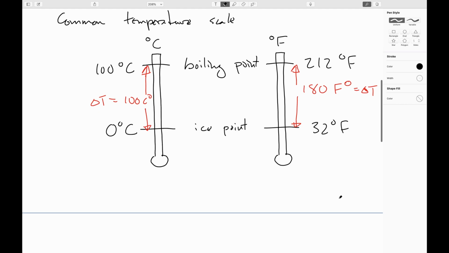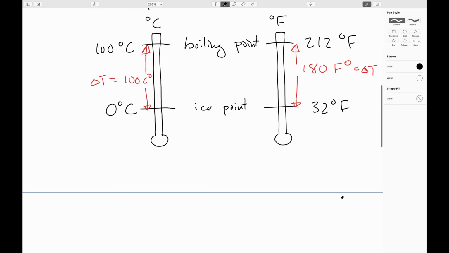So let's say you need to convert between the two scales. Probably the easiest to convert is to just think about converting temperature differences. So this is the difference in two readings on a particular scale. We'll then talk about converting readings and what we need to do to adjust for that.